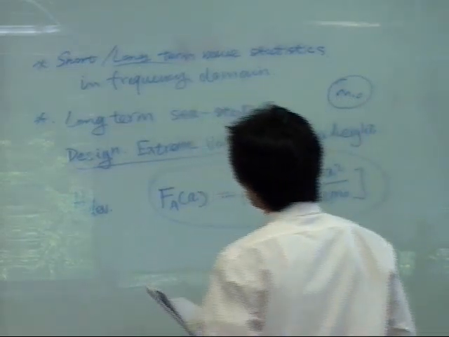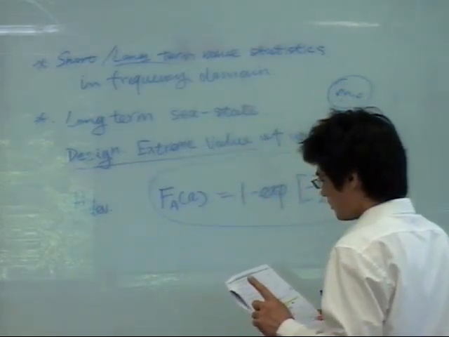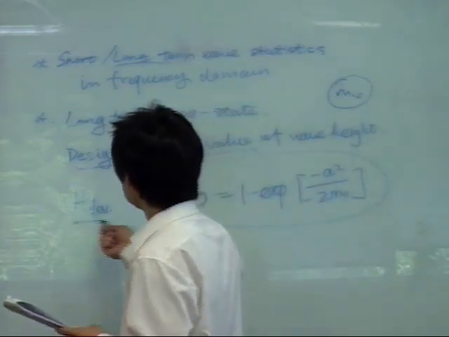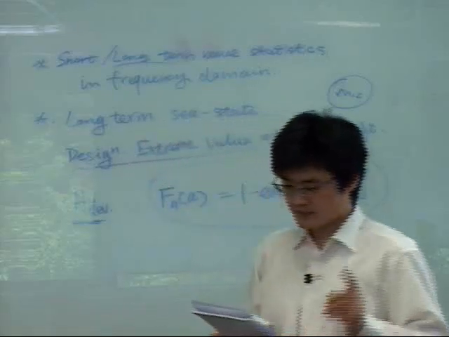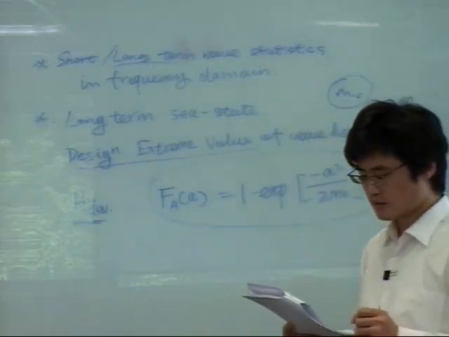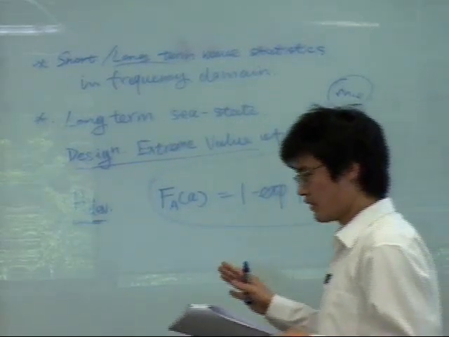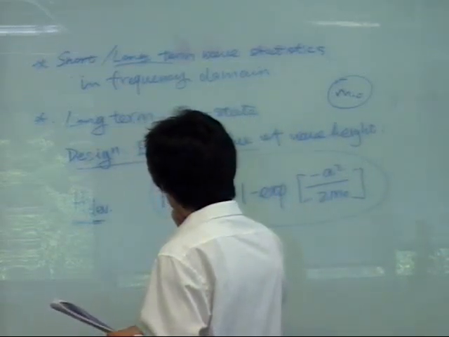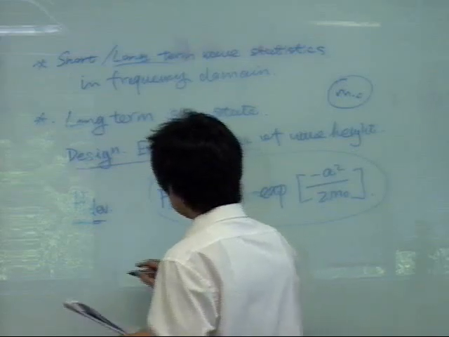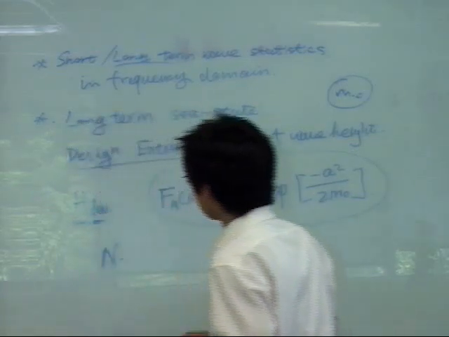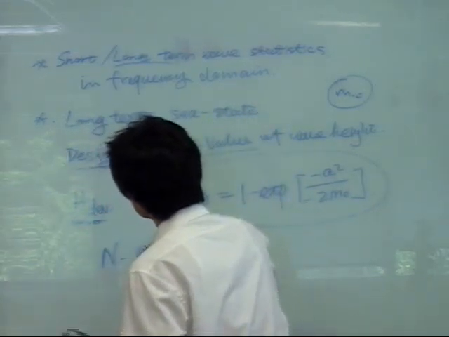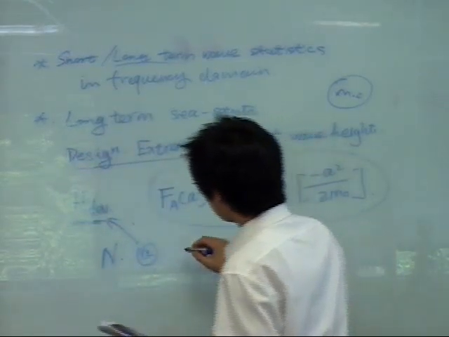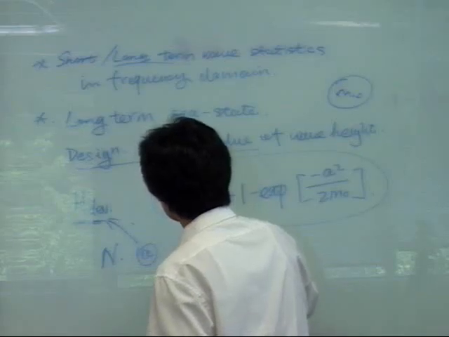Now we want the design value such that in N number of waves, the probability of the amplitude being smaller than this value is 0.01.